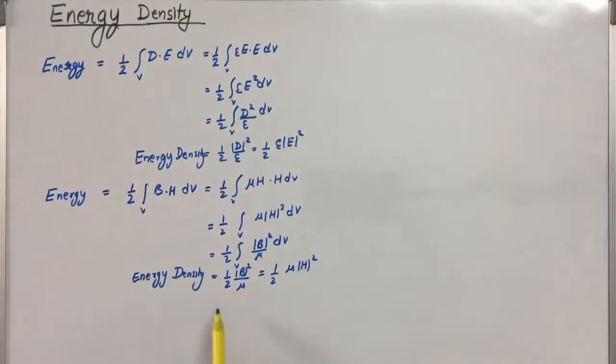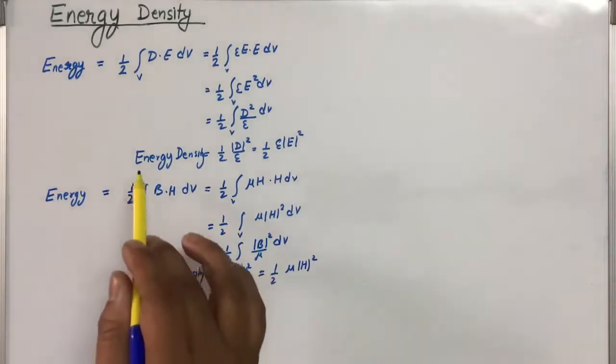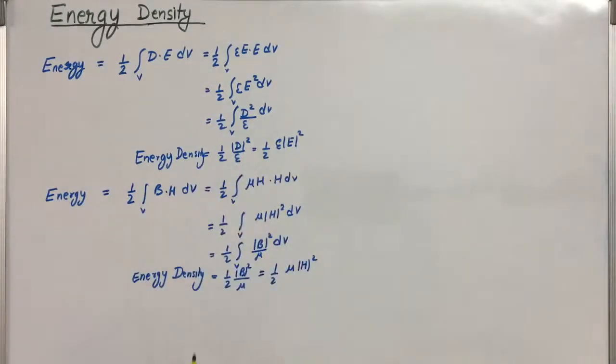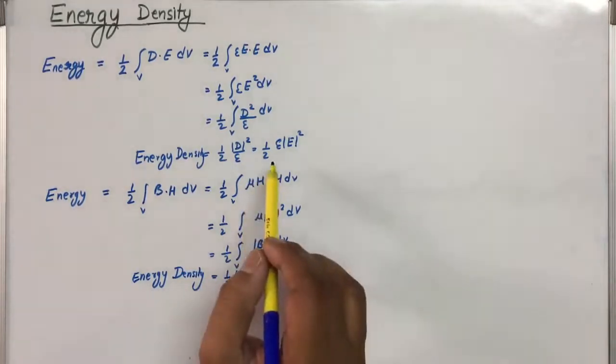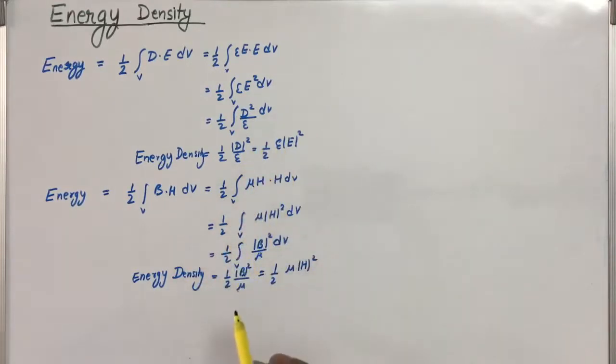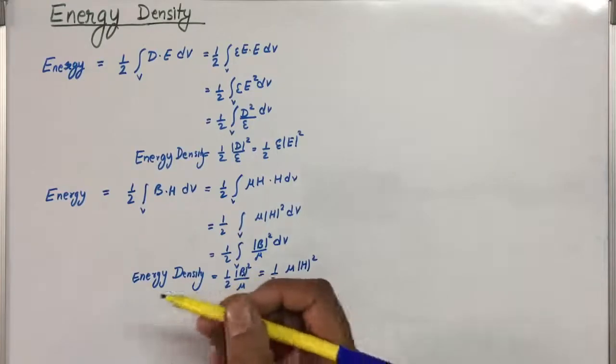So in this way we can find the energy density in the case of a magnetic field, as in the electric field. From here it can be seen that the electric as well as the magnetic field can be used for storing energy. In the electric field, capacitors are used to store energy. Similarly, in the magnetic field, inductors are used to store energy.